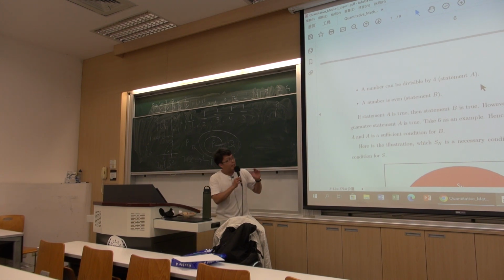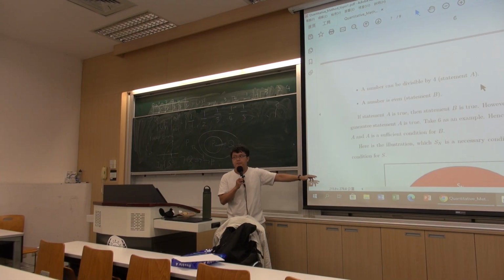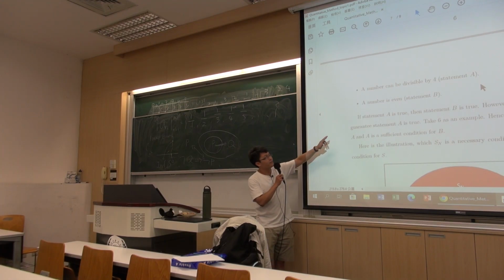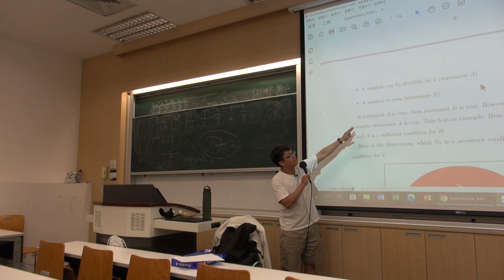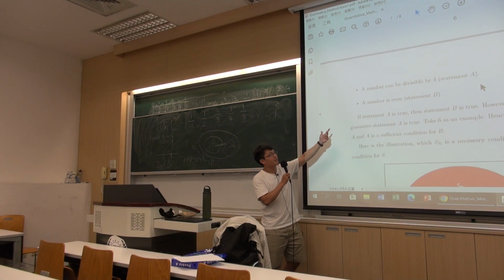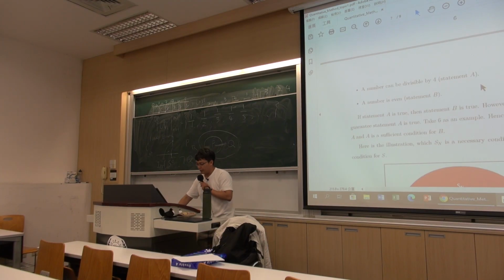So if a number is divisible by 4, then it must be an even number, right? And if the number is even, does that mean it is divisible by 4? Not necessarily. Okay, so back to this graph.